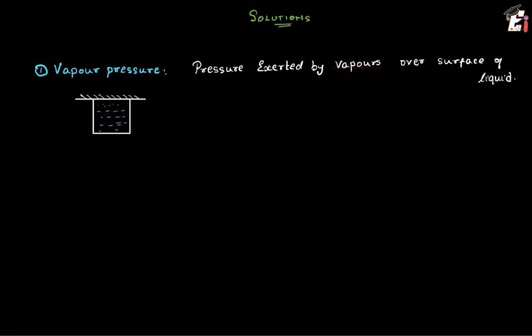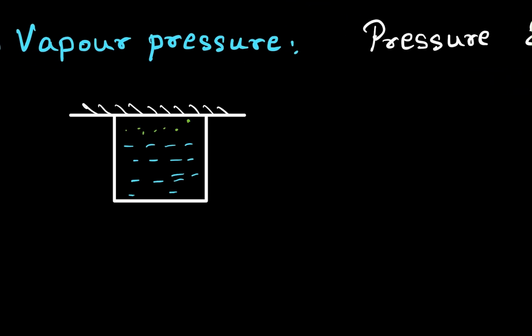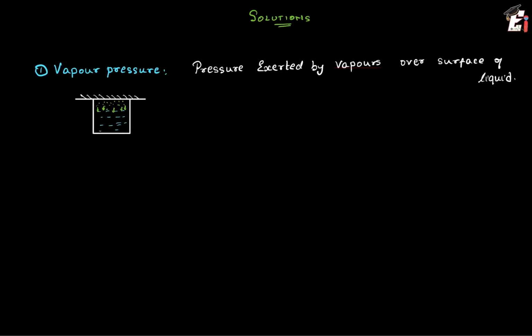So similarly here, this liquid forms some vapors. These are the vapors of the liquid. The same liquid is forming these vapors. These vapors are going to put some pressure downward on the surface of the liquid. This pressure that they exert is known as vapor pressure.